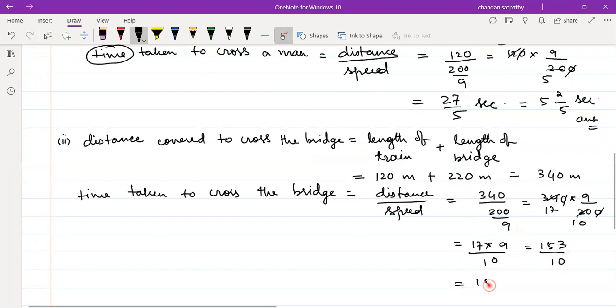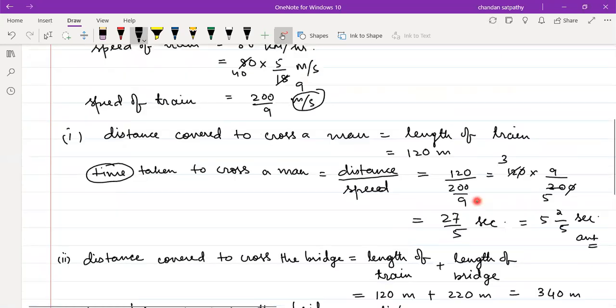So that is equal to 15.3 second. This is our answer. Understood? So remember why the unit is in second, because the speed is in meter per second. Remember, we have converted the speed of the train into meter per second. So time will always come in second only.